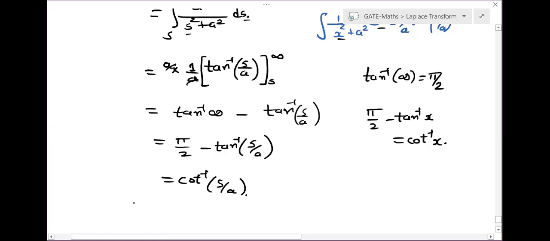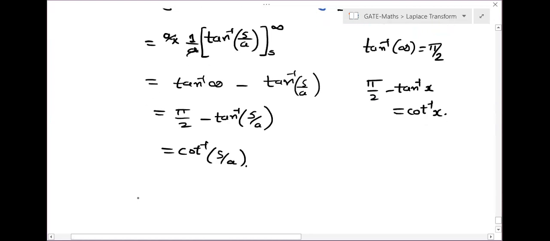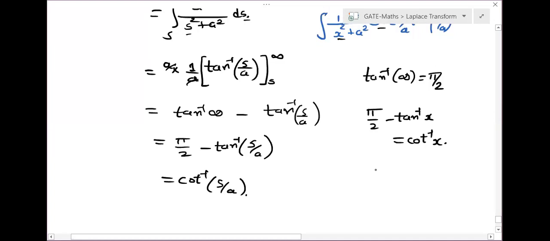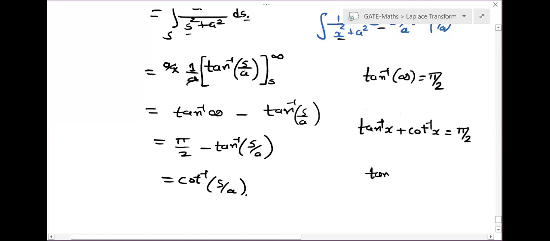And again, there is one formula. Let me give you this formula properly. The proper formula is tan inverse x plus cot inverse x is equal to pi by 2.